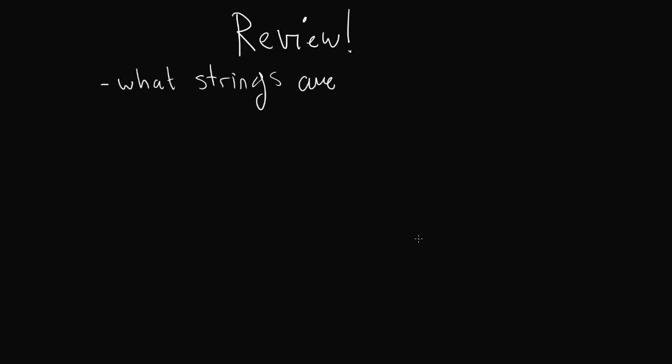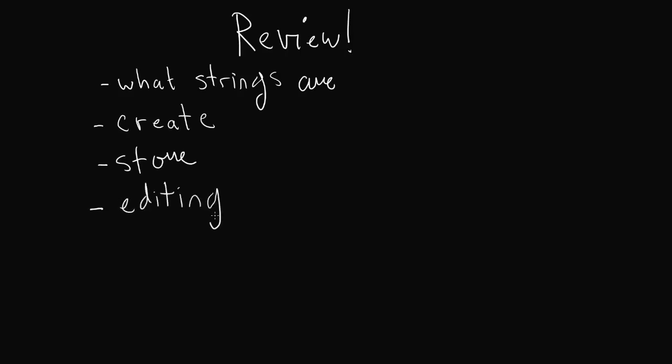All right, let's review what we've learned. So in the first chapter, we learned all about what strings are and what they do. And of course, we learned that strings are nothing more than basically words or phrases. We learned to create strings, and we learned to store them. We learned various ways to edit strings, like concatenation and replacement.